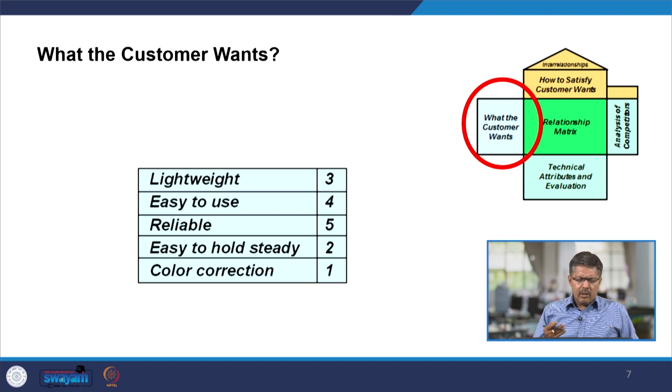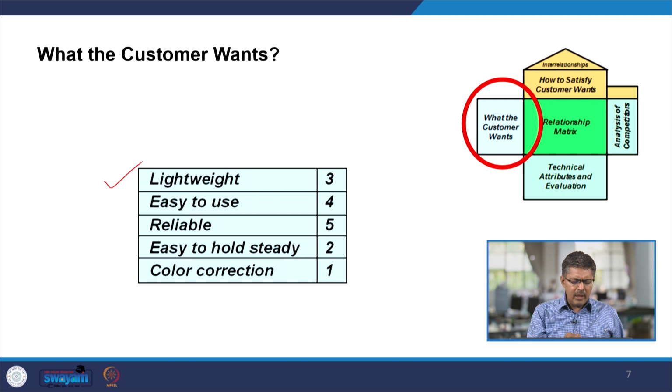First, the way to identify what the customer wants is through a survey. So, a survey was done and let us say they found that the customer feels the camera should be light in weight, easy to use, meaning operationally it should not be difficult, reliable, easy to hold so that it is not shaking and the photo is not getting blurred, and color correction.